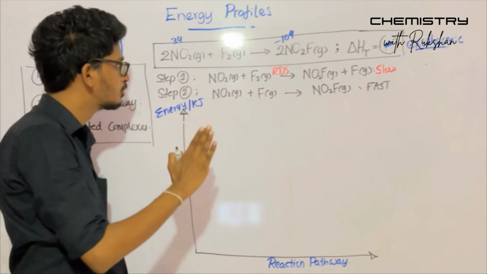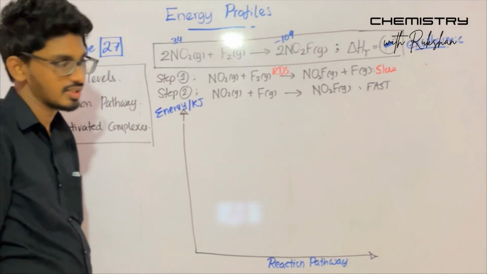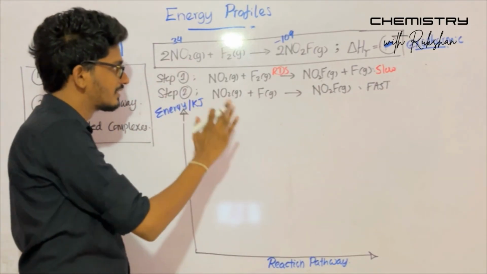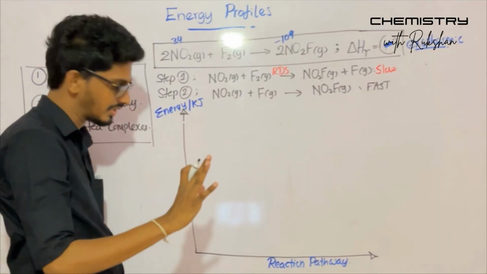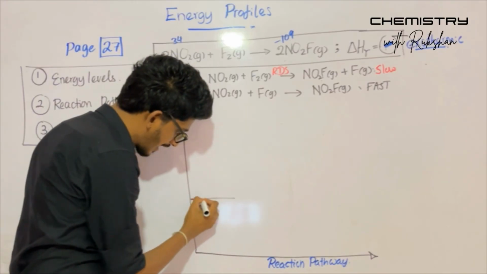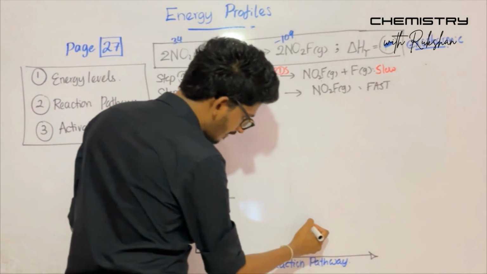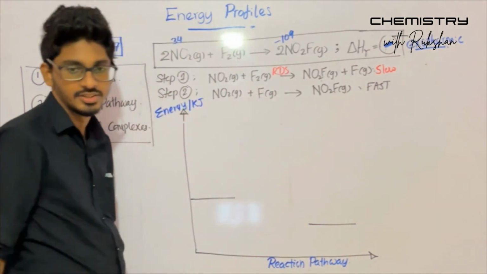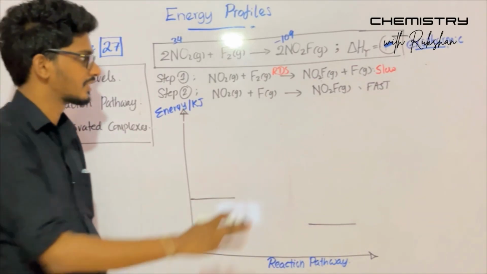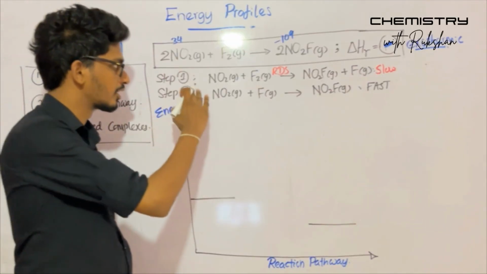Just draw the two energy levels for the reactants and the products, right? Okay. So you clearly see this is an exothermic reaction. That means the reactants should have a greater enthalpy, greater energy, and the products should have a lower energy, right? This is exothermic. It means energy is released when going from reactants to products.